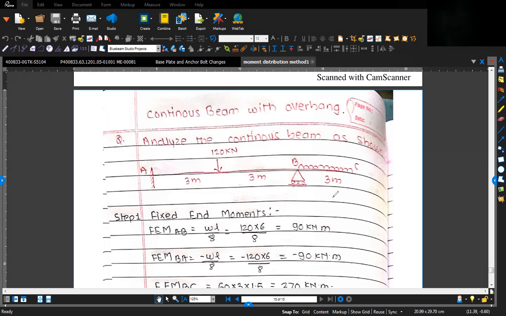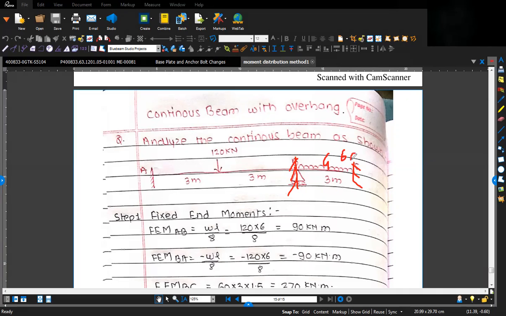Then moving towards the span BC, again here we are assuming that BC is fixed, for the fixed end moment part only, and it is subjected to a UDL of 60 kilonewton per meter.